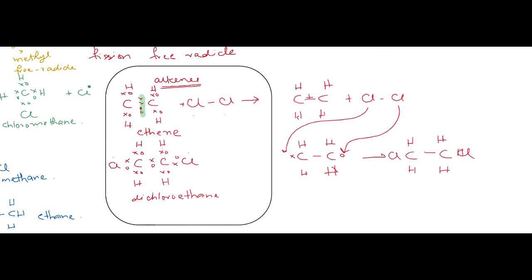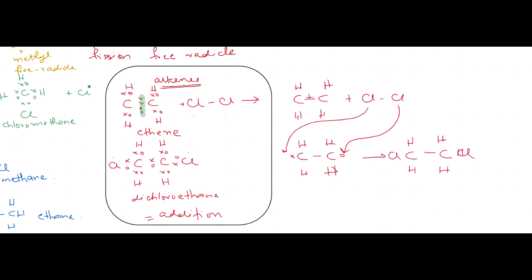Okay, we use the term addition. Alkenes undergo addition reaction because they have a double covalent bond. So I can break the double covalent bond and I can make space to add more atoms to it. I don't need to replace, I don't need to remove any of the previous atoms. I can just add the chlorine atoms to it because a double bond was present.